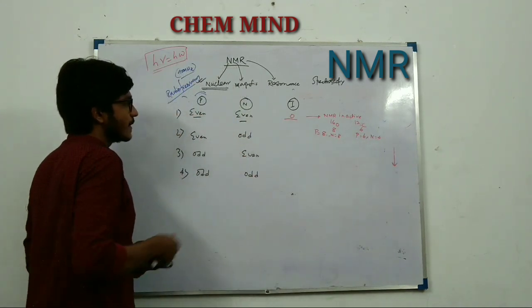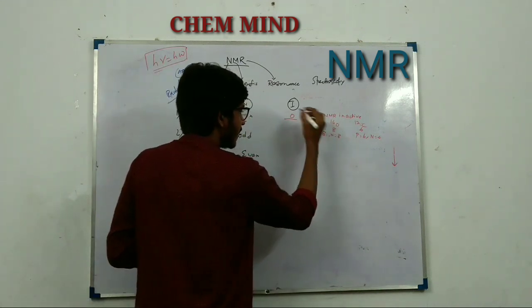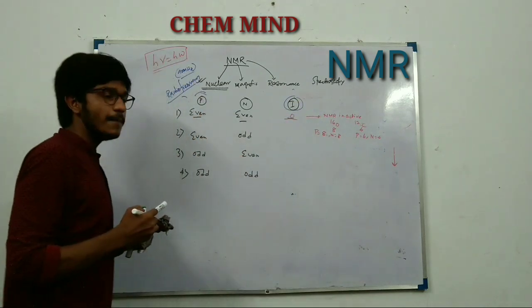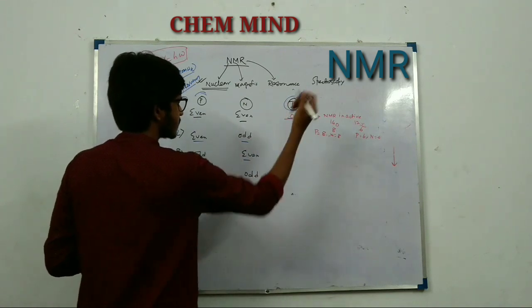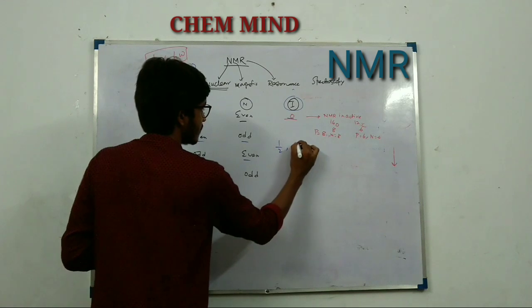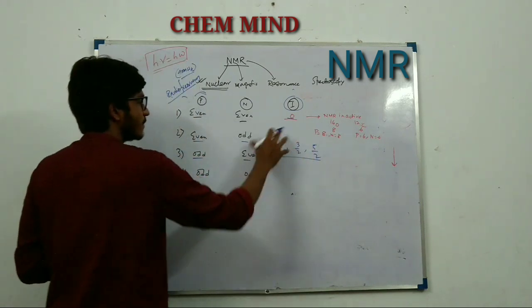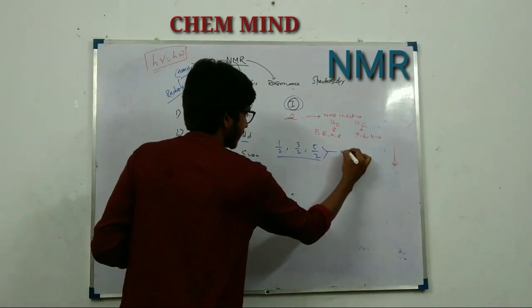In this case they neutralize each other and the spin quantum number becomes 0. Now for even-odd and odd-even, the spin is a fraction: 1/2, 3/2, 5/2. They always come in fractional form, so they are NMR active.